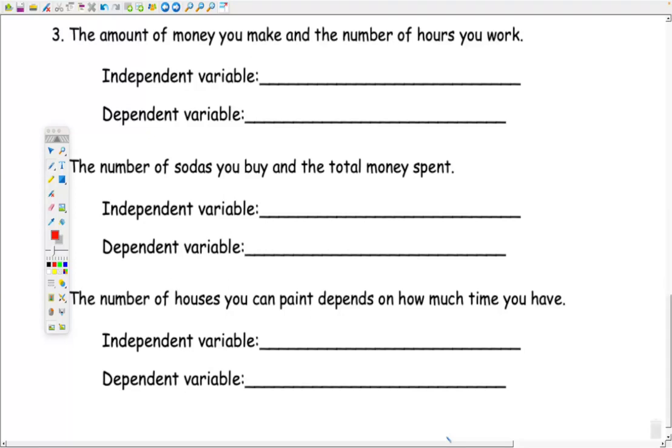The amount of money you make and the hours you work. So what's what? There you go. Hours that you work will determine the money you make. Okay.